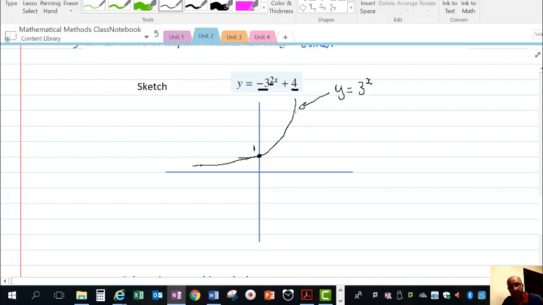So that's y equals 3 to the x there. Now we've got a few things going on. Let's look at the shape. The shape has had a dilation. It's got a compression horizontally, and we can see that the 2 does that.